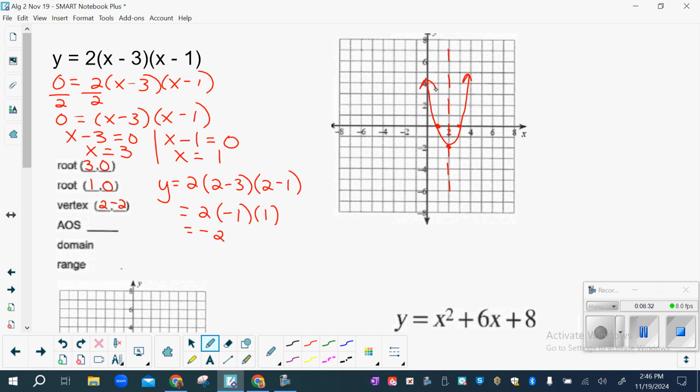We have our graph. What is our axis of symmetry? Good, x equals 2. Our domain?